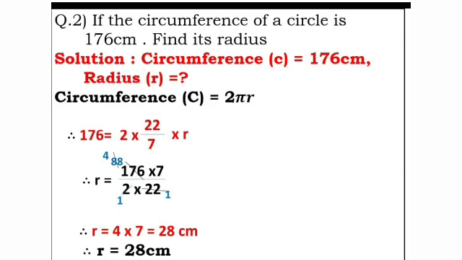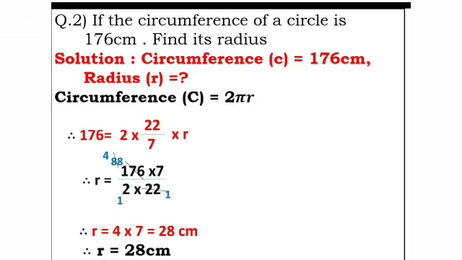So 176 is equal to 2 into 22 upon 7 into r. Now this 2 into 22 upon 7, when it goes to your left hand side, it gets reciprocal. So therefore r is equal to 176 into 7 upon 2 into 22. So after cancellation, r is equal to 4 into 7, which is equal to 28 centimeter.